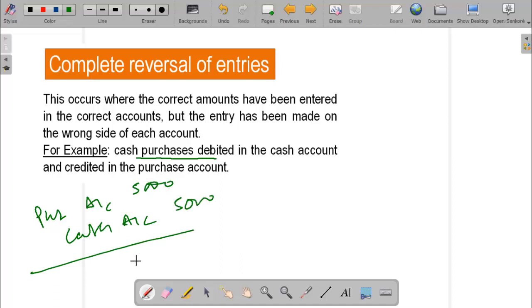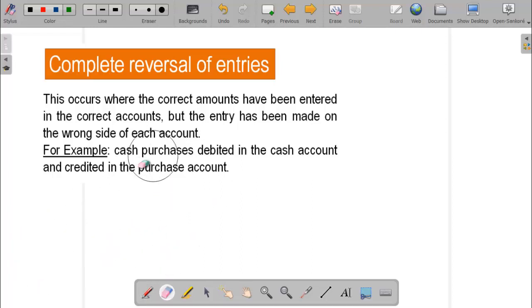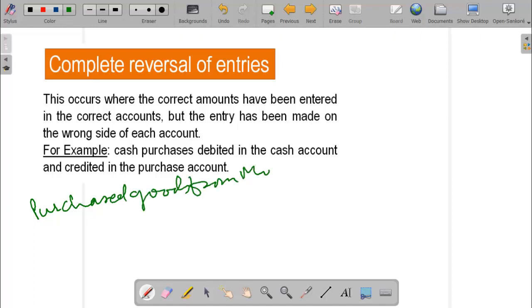Let's take another example instead. Suppose we purchased goods from Mohan for $2,000. So what entry will we pass?